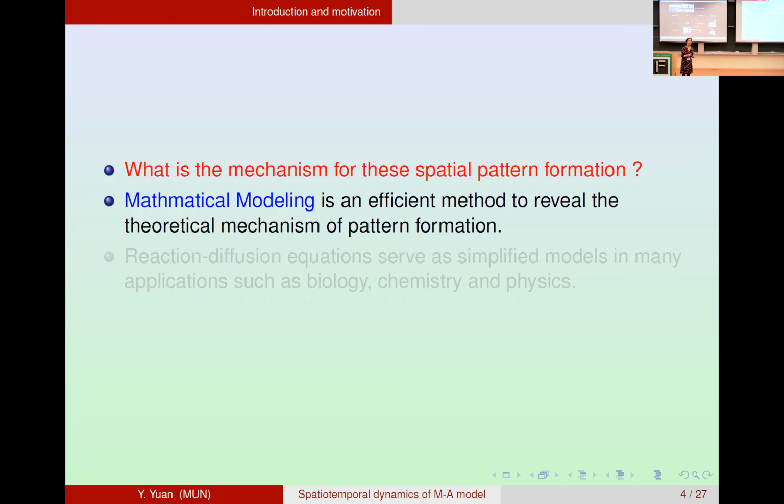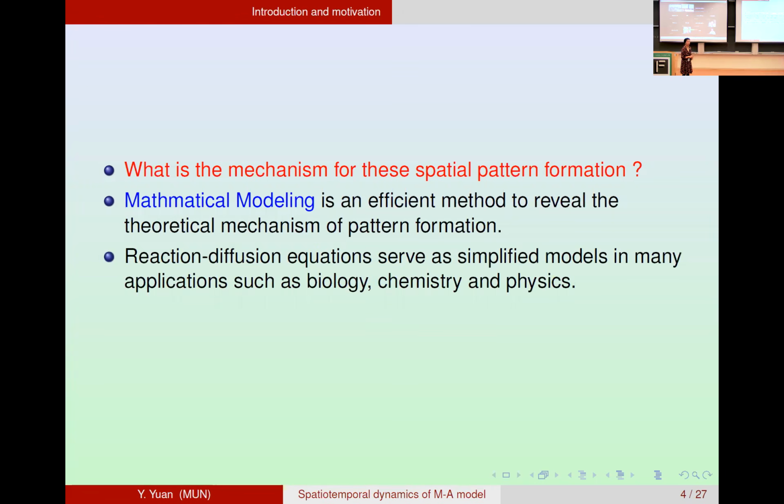There are lots of models from different views. Among them, the reaction diffusion equation seems more reasonable for approaching reality, because it includes spatial and time variations.